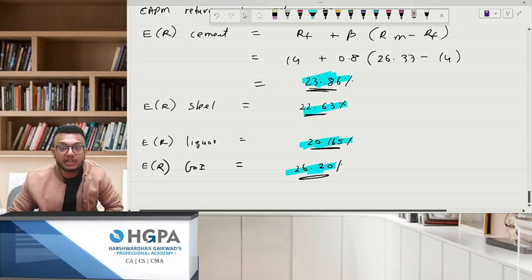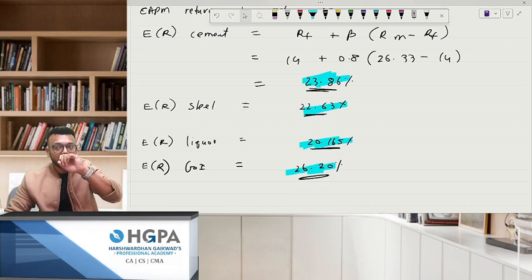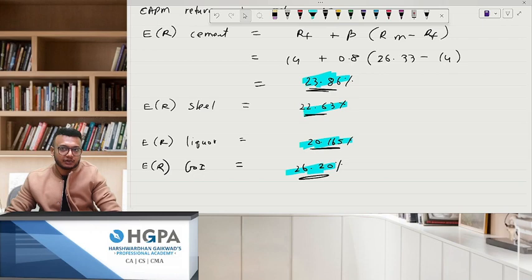Average return of portfolio. I'm telling you again, 99.99% of the time you have to compute the weighted average, but in this question specifically they have asked for the average. That is why we are only computing the simple average. Otherwise we would have computed the weighted average.